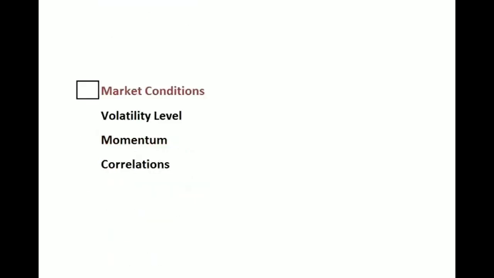The third, and I think the more unusual aspect, most of us just look at markets in two levels of analysis, technical and fundamental analysis. But I think that market conditions draws some aspects of trading that are different, fundamentally different than the other two types of analysis. Volatility level is a very important one.